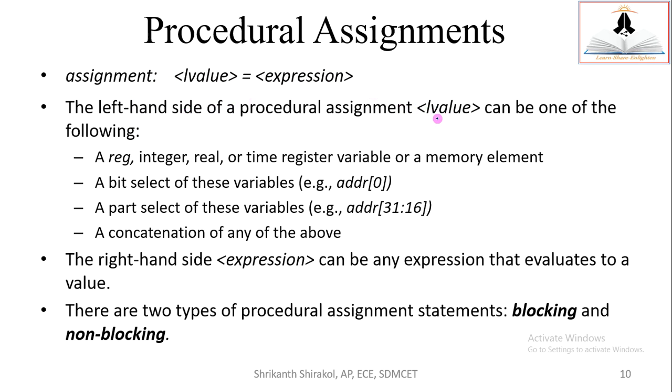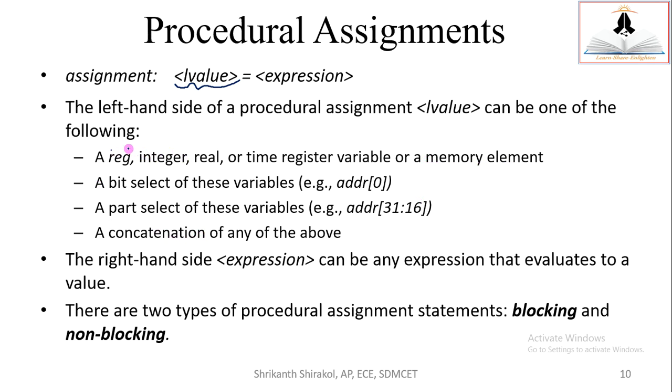The left hand side of the procedural assignment is the L value, which can be one of the following. What can occupy this particular position? It can have either a register, integer, real, or time register variable, or a memory element.